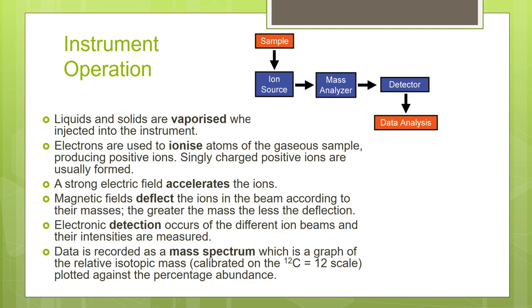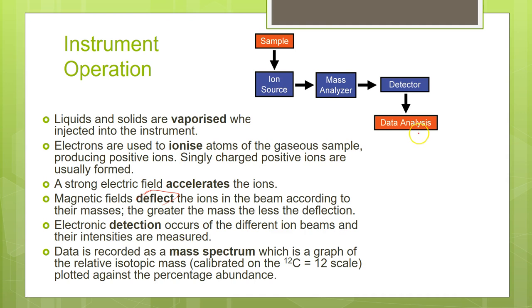And we saw this one back in our first year of study, in that we have liquid samples or solids, and they're vaporized when we inject them into the instrument. Then they're ionized by the electron beam. They're accelerated, deflected, and detected, remembering that it is the lightest atoms with the highest charge that are deflected the most.